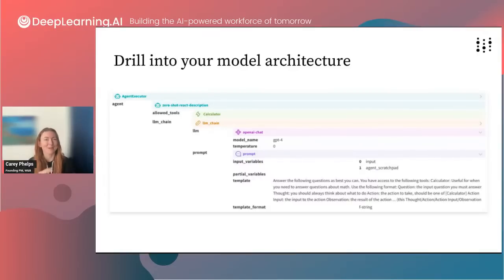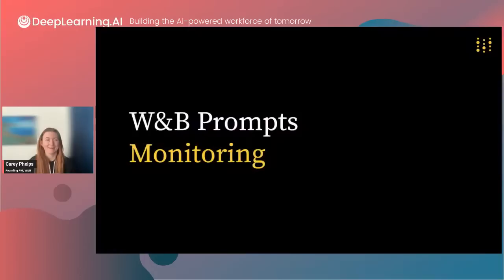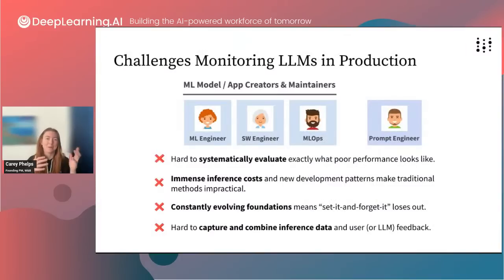But I also want to talk about another exciting thing that we're developing here, and that's monitoring. So what happens once you have an LLM that you're monitoring in production? Well, there's a lot of people involved here, and a problem that we see across our different customers is that it's hard to systematically evaluate what poor performance looks like.